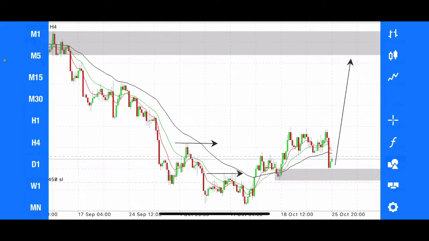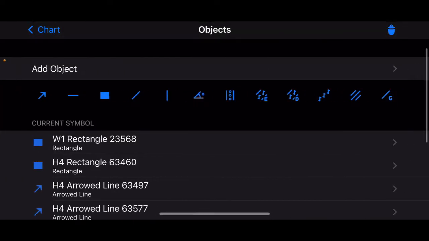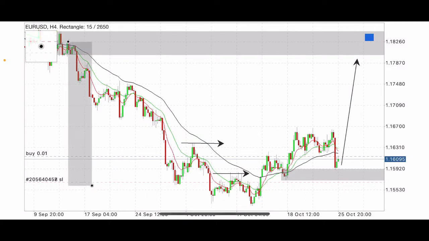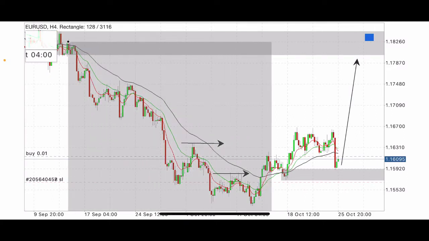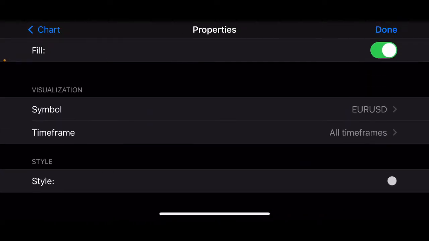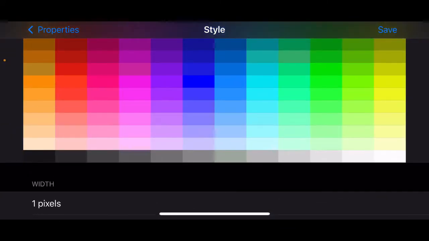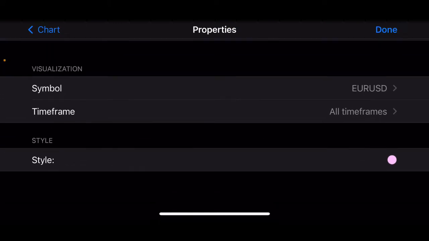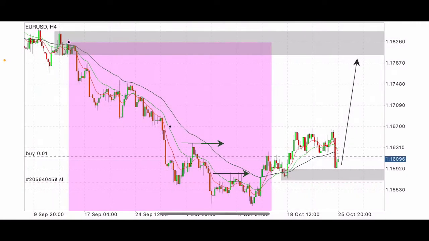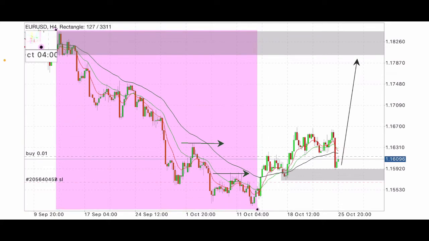For example, for this part right here, on the left side, this is a downtrend, guys, right?